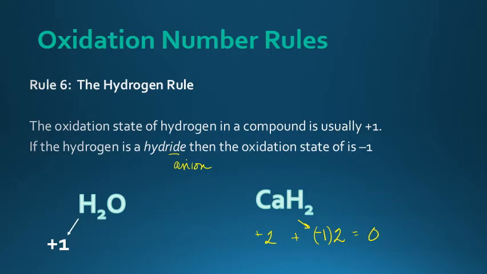So in this particular compound, hydrogen's acting like an anion, so we call it hydride, which is why its name is calcium hydride. And then we know hydrogen does not have a +1 oxidation number. It has a -1 oxidation number.